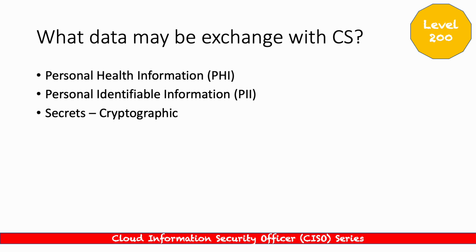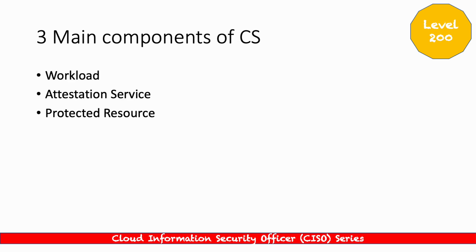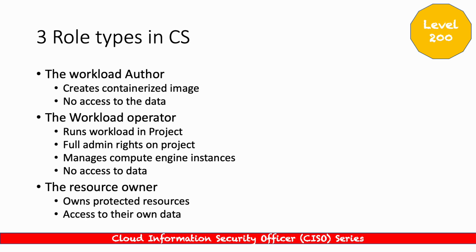That is some of the data we can share with Confidential Space between the data and the actual workload. Now, there are three main components to Confidential Space: the workload, where the actual work is done, the attestation service, and the protected resources.